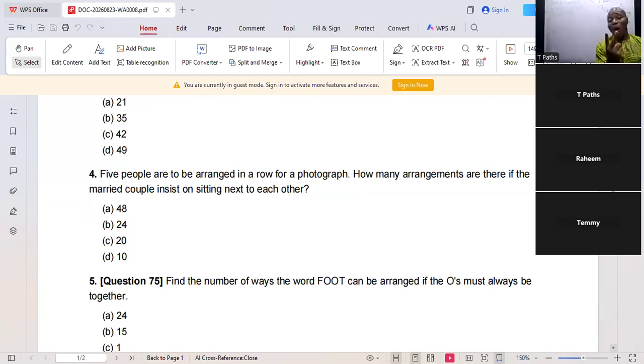And the 2 couples will be treated as one. They insist on sitting next to each other. All right.